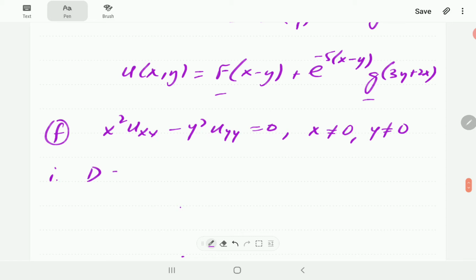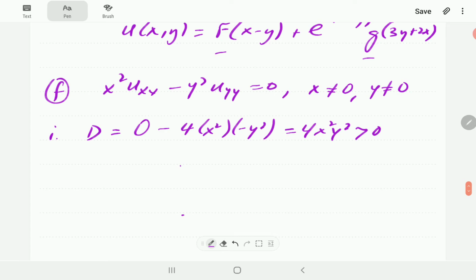So the discriminant, which is b squared, b is 0, minus 4ac, is just going to be 4x squared y squared. It is definitely greater than 0 because x and y cannot be 0. So again, this is telling us that the PDE is hyperbolic.